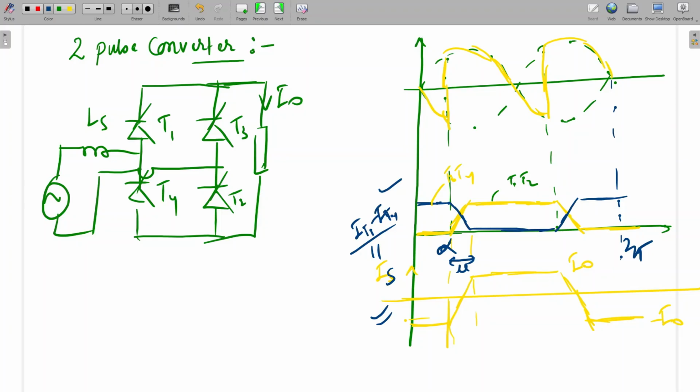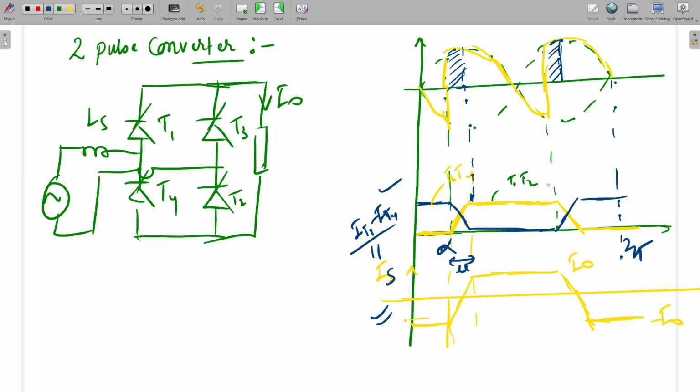But due to overlapping, what will happen during this period? During the overlapping period, all four are conducting, which means the output voltage will be 0. So this is the shaded region for which the output voltage will not appear. All four will be conducting, but they will be shorted across the output, so the output voltage will be 0.